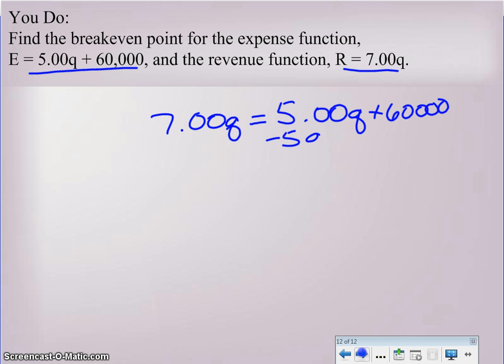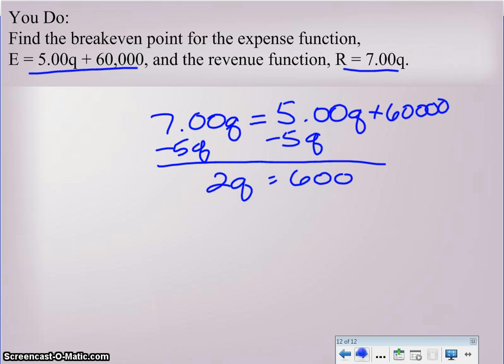I'm going to subtract the 5Q from both sides. And I end up with 2Q equals 60,000. Divide by 2. And the break-even point is at 30,000.